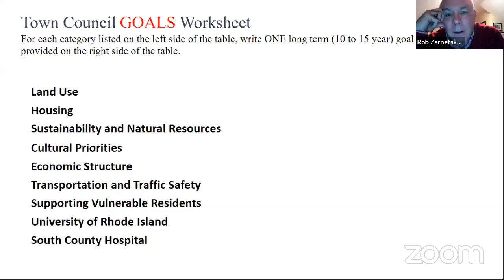But the comprehensive plan doesn't dictate what private sector developers generally do. It is not a law. It's just a document that describes the objectives of the community.